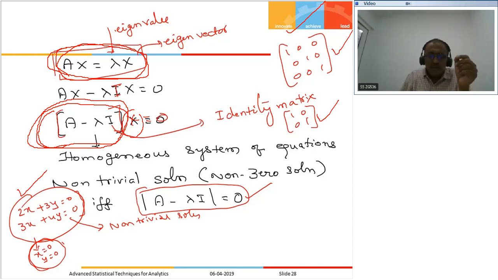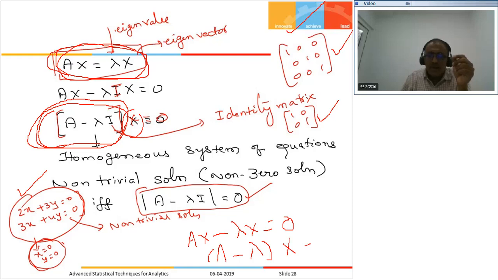Because after taking Ax equal to lambda x, now I can write this as Ax minus lambda x equal to 0, right? Now I want to take lambda outside, then A minus lambda into x, right? Do you feel it makes any sense?